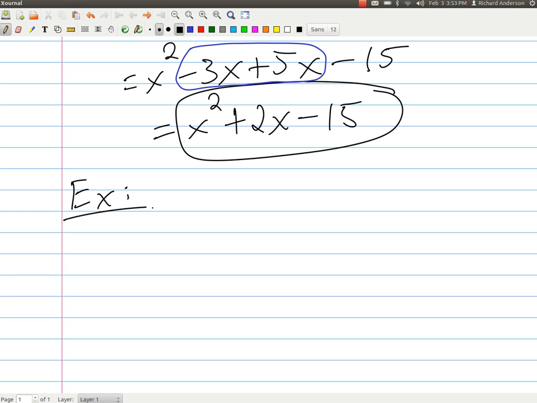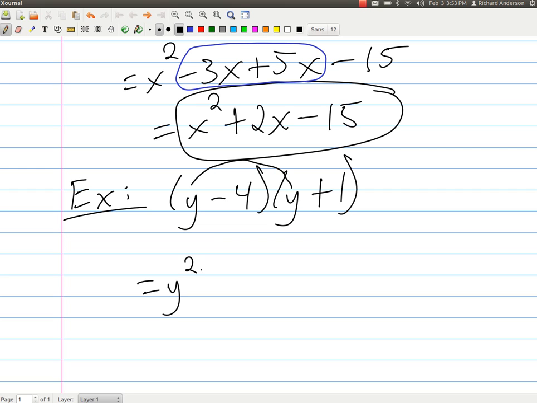My next one, I have y minus 4 times y plus 1, still multiplying. And when I multiply these, I do my first, y times y, which will give me y squared. My outer, y times positive 1, and that's going to give me plus 1y, but we don't have to put the 1 in front of the y because the 1 is understood.